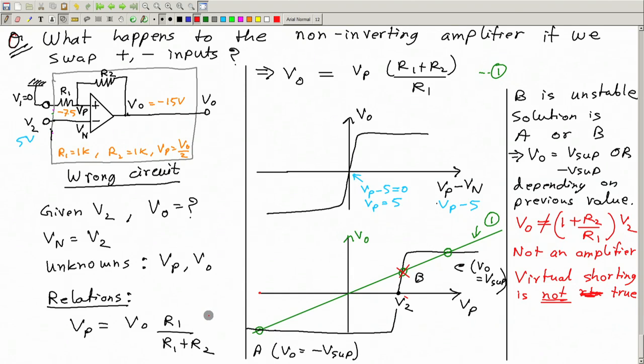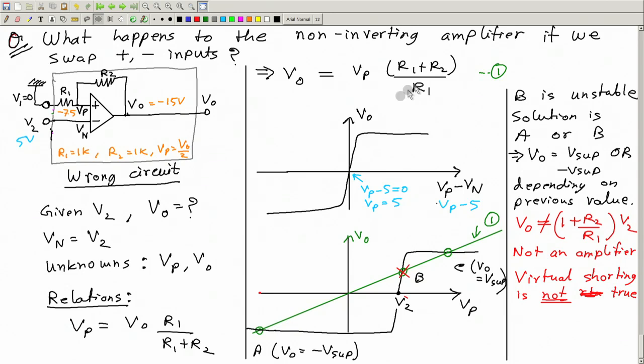Now maybe I will show you one more small, interesting thing. The question is, what happens if I change the input V2, say from 5 volt to 1 volt, 10 volt, whatever? Will this green line change?